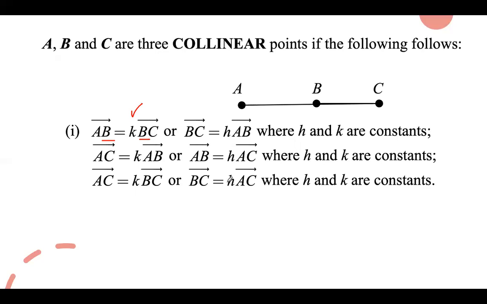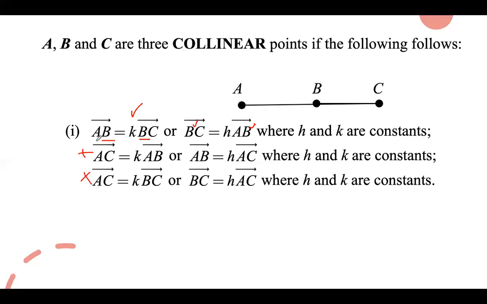The others are not so significant, but you can see here there is a point B here. So you still can write like this, but these two are not so significant.